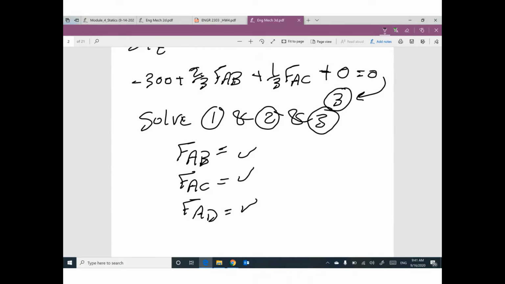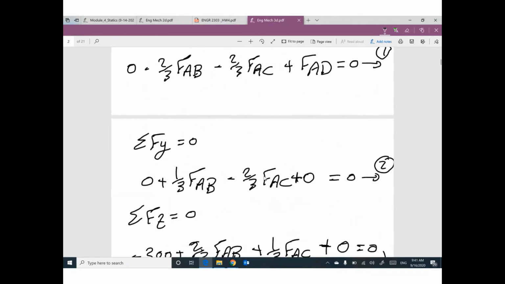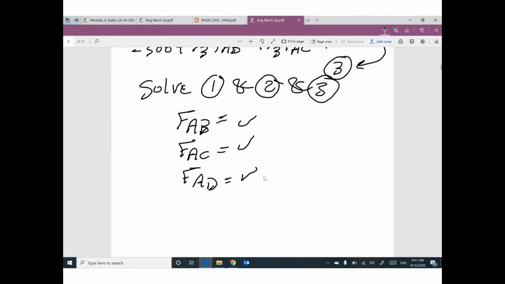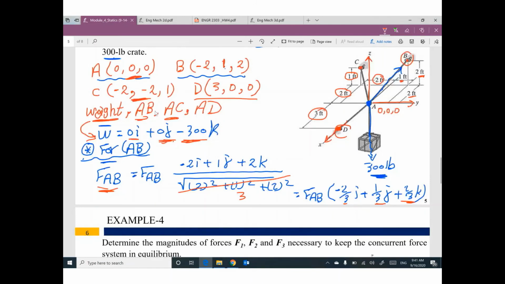As I told you, I promise you, if you set up these equations correctly, I will not deduct any points for the final answer. That's enough for me, because all of this is math calculation. But pay attention to break your forces into 3 components. Be careful.